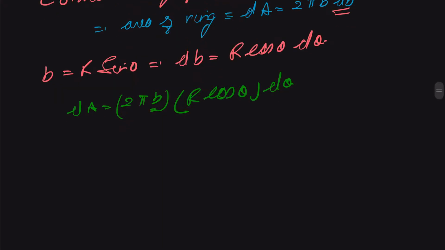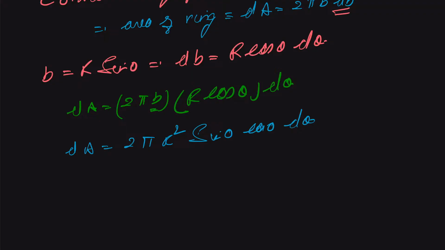And if we substitute the value of B also, we get dA equal to 2 pi R square sine theta cos theta d theta. So we are able to find out this small area dA.